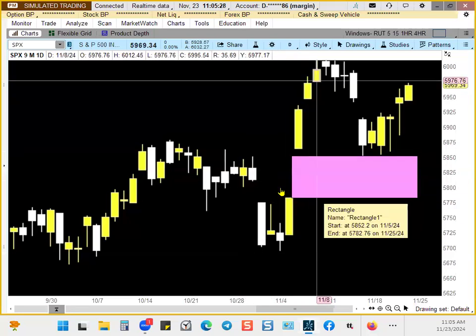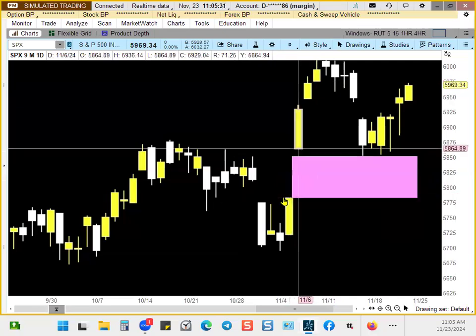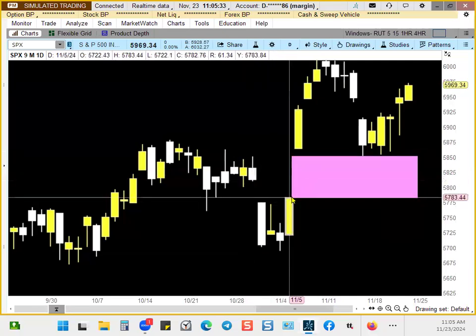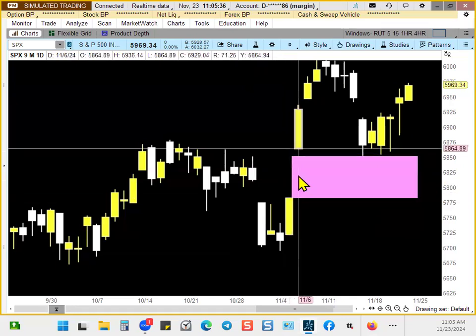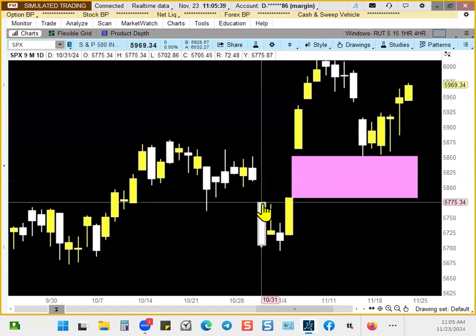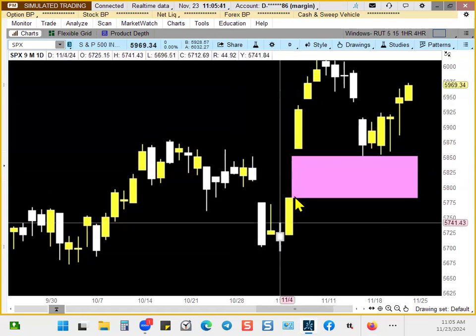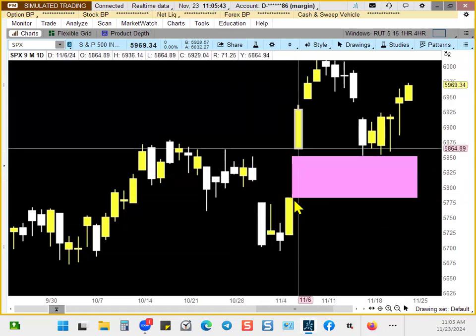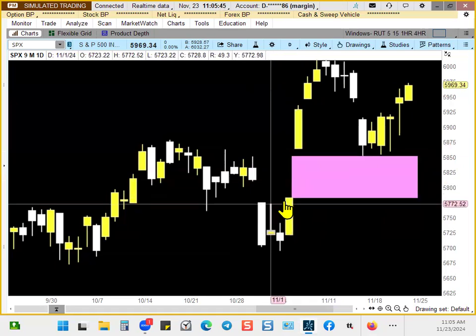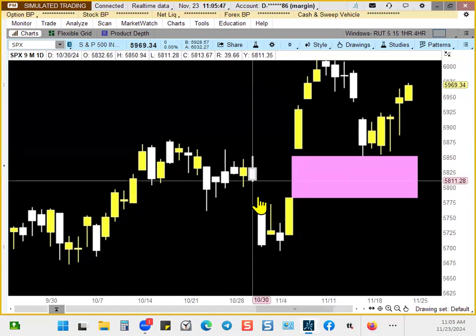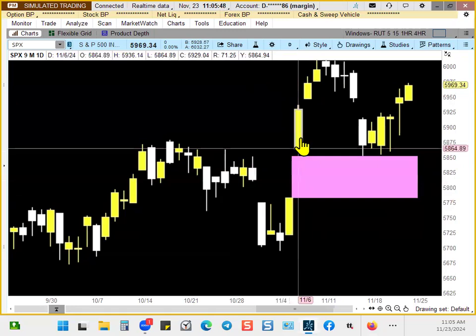But depending on who's looking at the chart, they may feel like this gap got filled because of this gap. They're like, well, this rush of orders came down from the sellers, came over here, and another rush of buyer orders blew past that. Depends on how you look at it.